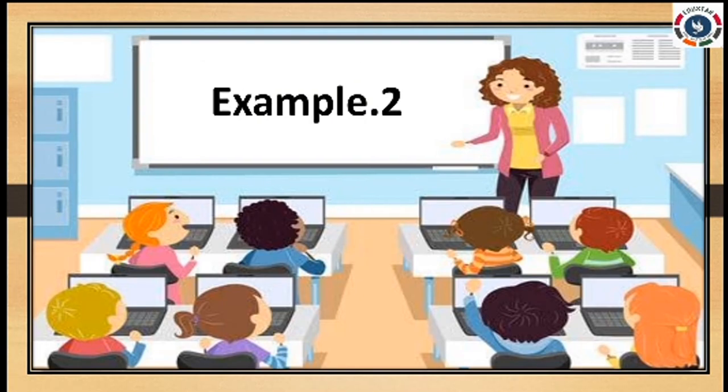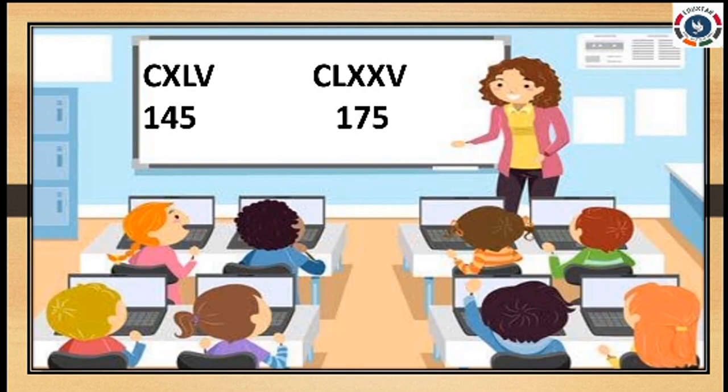See example 2. CXLV on left, CLXXV on right. First you have to convert into Hindu Arabic numerals. The first C, what is the value of C? 100, you write. XL, what is the value for XL? 40, so write in 4. And V for 5, so 145.